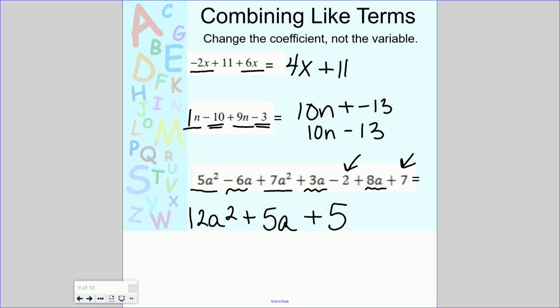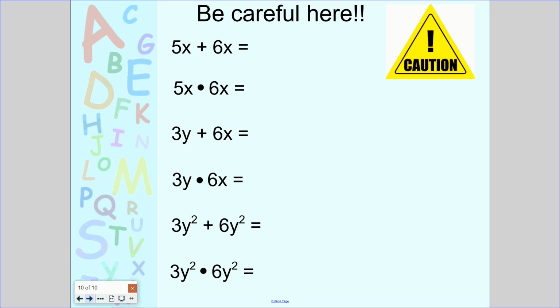Okay? Last slide. I've got a mix here for you of addition and multiplication, which again, we'll talk a lot about later, but just some common mistakes. 5x plus 6x. If I add them together, what do I get? Those are like terms. I get 11x. In the second line, I've changed it to multiplication.